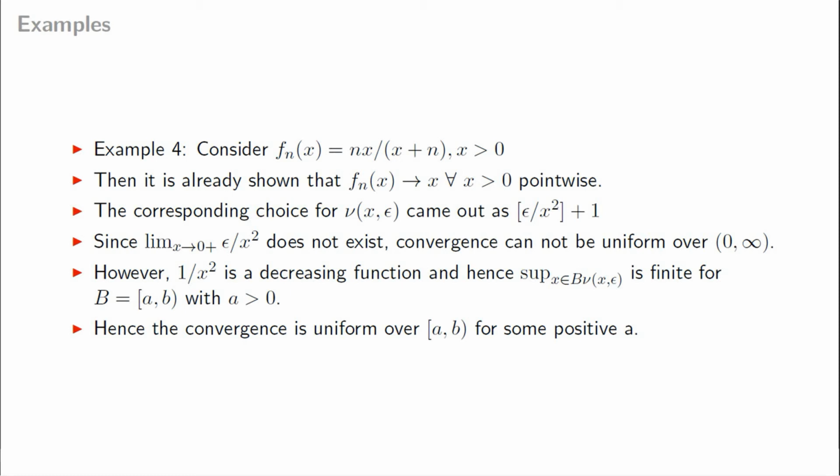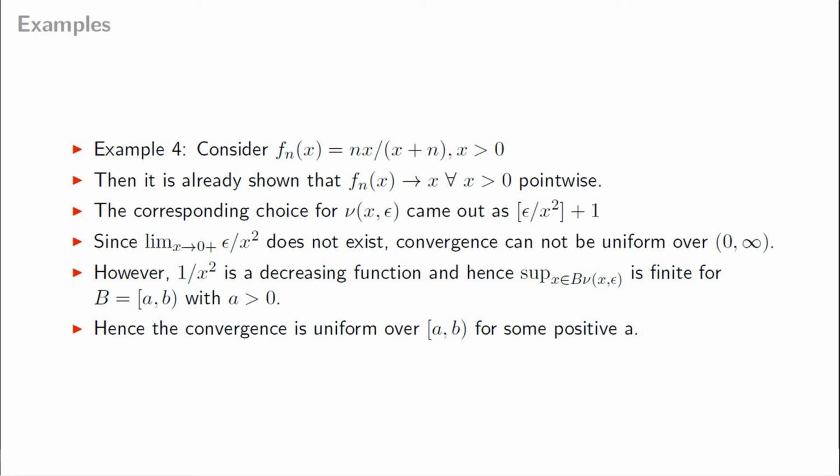In this case also, the limit of epsilon divided by x square as x tends to 0 plus does not exist, and hence convergence cannot be uniform over the open interval 0 to infinity. However, 1 by x square is a decreasing function, and hence the supremum of nu x epsilon is finite for x belonging to a subset B, where B can be taken as the left closed right open interval A to B with positive A.